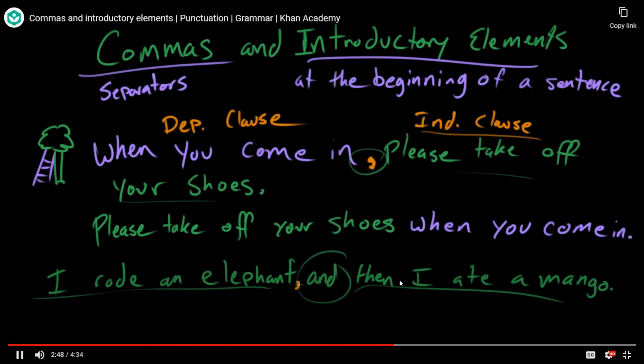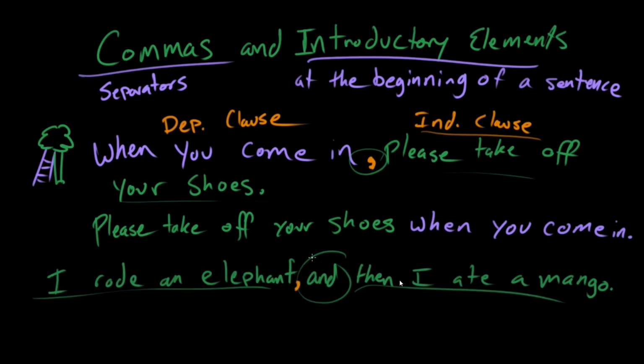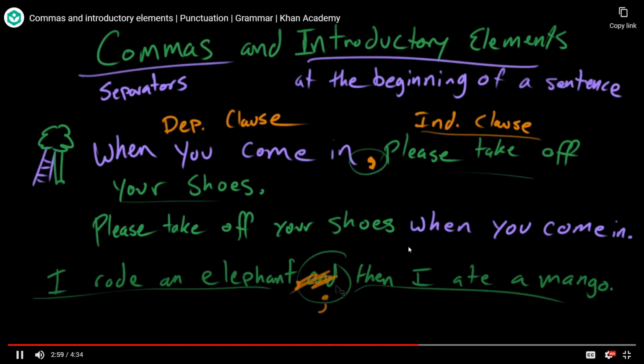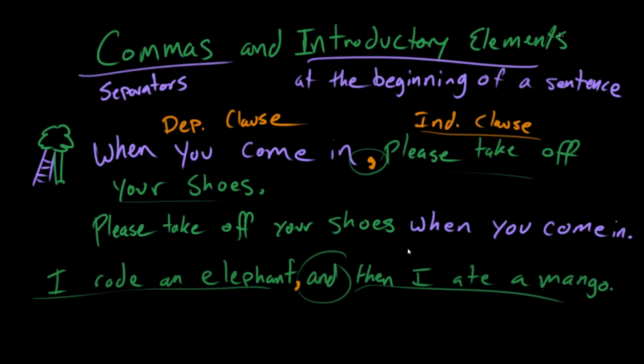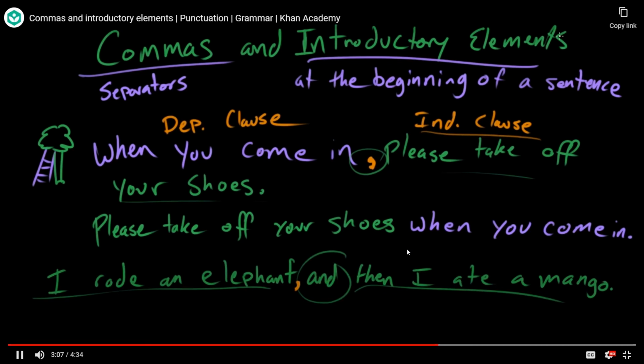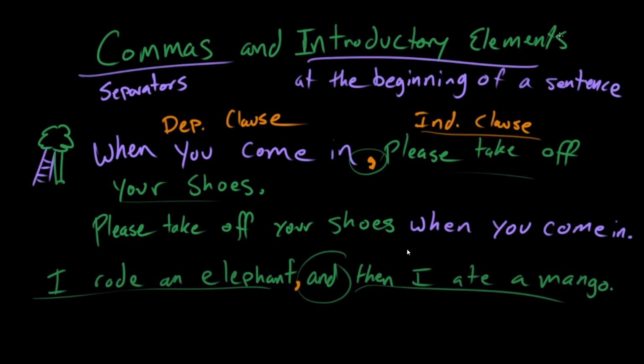Now you could also get rid of this comma and this and put in a semicolon, but that's a story for another time. So if you're uniting two independent clauses, just do comma and then a conjunction. So that's one way to think about how to use commas for introductory elements like dependent and independent clauses. But there's also another thing I want to introduce you to, and that's sentence adverbs. Follow us over to the next screen.